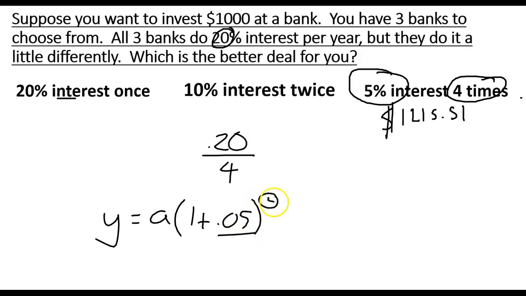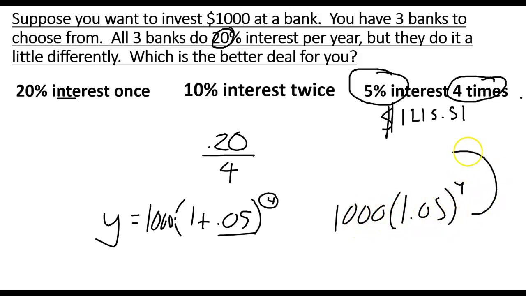Well, we ended up doing it 4 times, right? So there's that. And my starting amount for this particular problem was $1,000. So I'm just going to put the 1,000 here. So I'm going to show you guys we can actually just do this instead. 1,000 times 1.05 to the 4th power. If you do that, you're going to get that answer, and you're going to get it a lot more quickly.